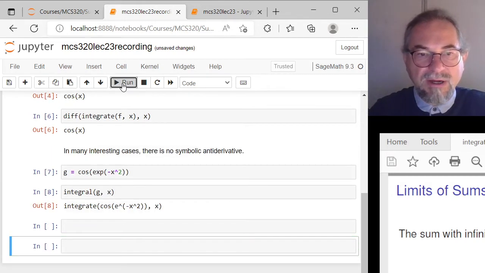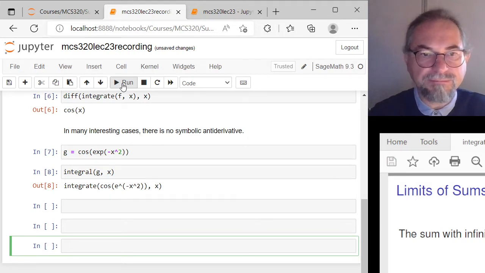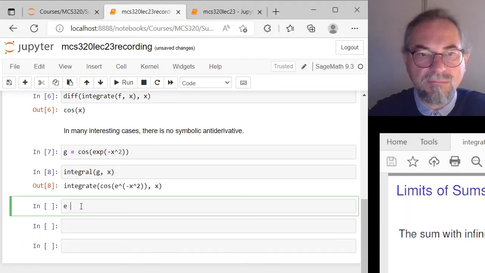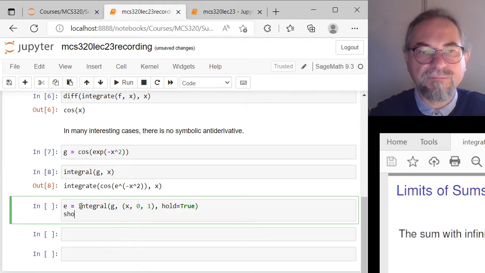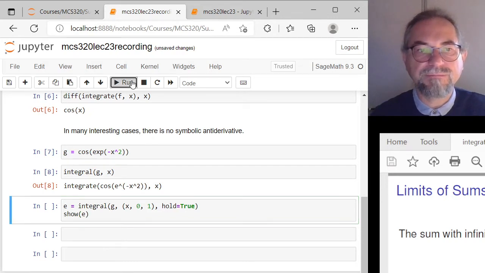Okay, so let me now make an expression of the definite integral. So I will ask for the integral of g of x, where x ranges between 0 and 1, and I will ask Sage to hold off on the integration.